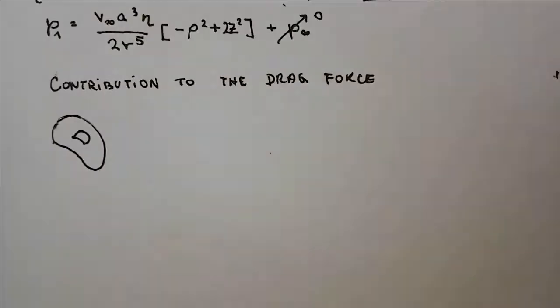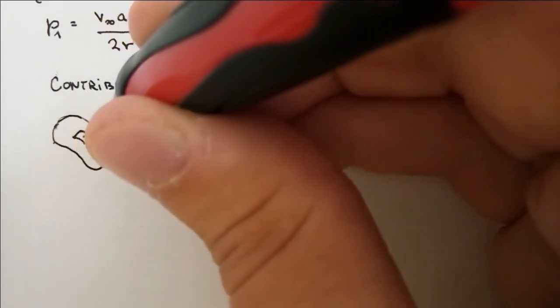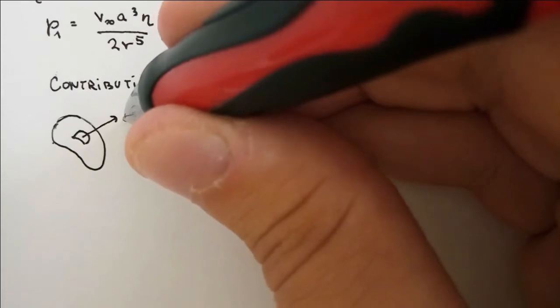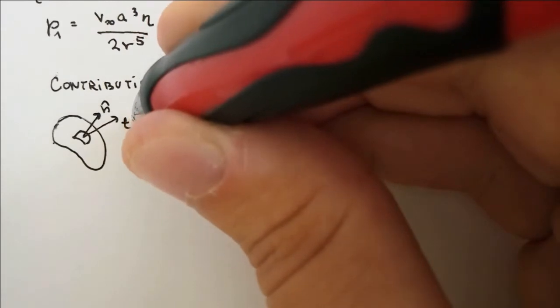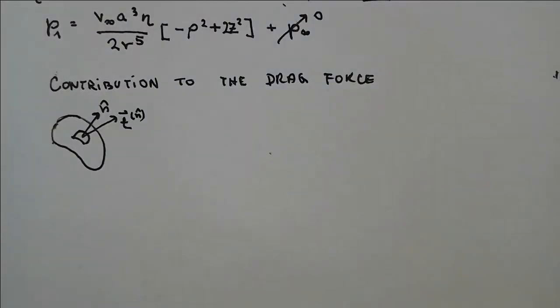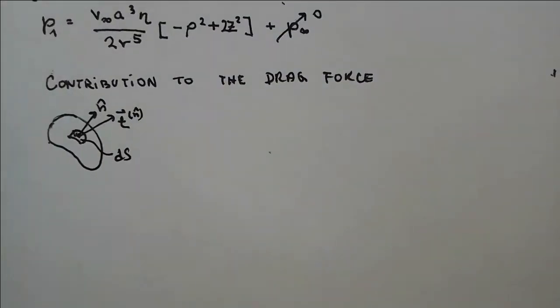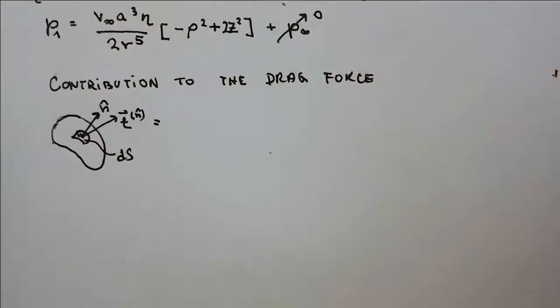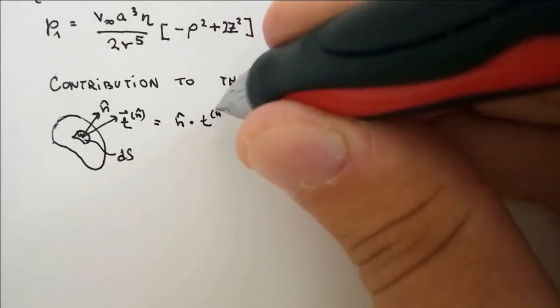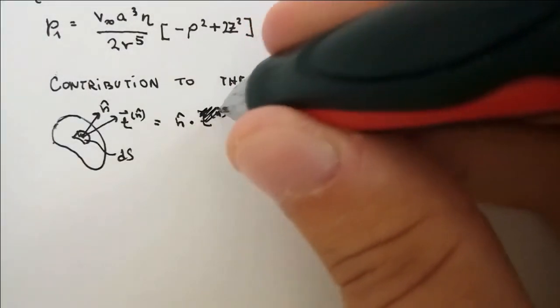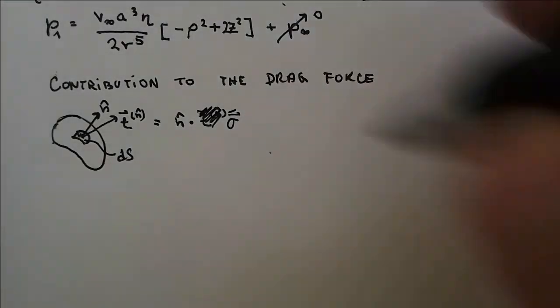If you take some portion of the sphere and there is a little surface, again as in the Stokes video, there is a little normal, and there is force with respect to this normal surface. This little surface has the area of ds. Then the force, by definition of the stress tensor, is going to be n hat dot product with the stress tensor.